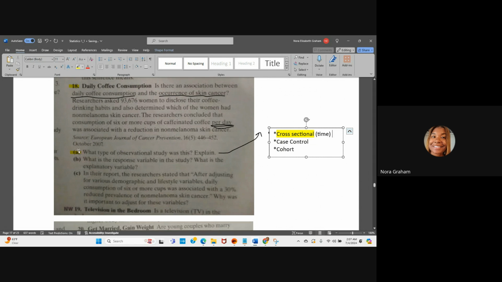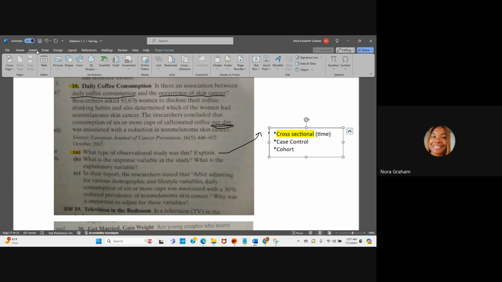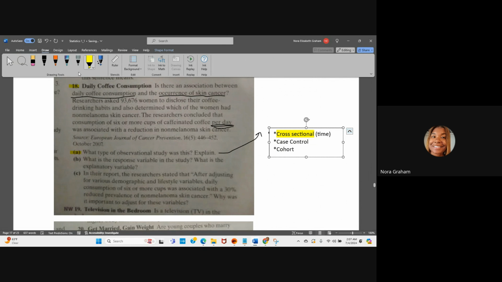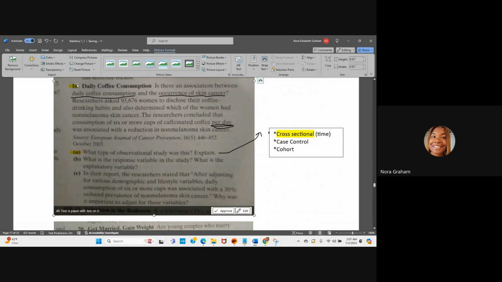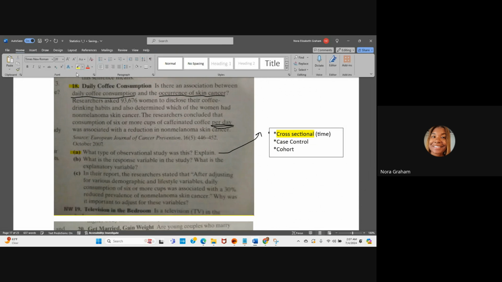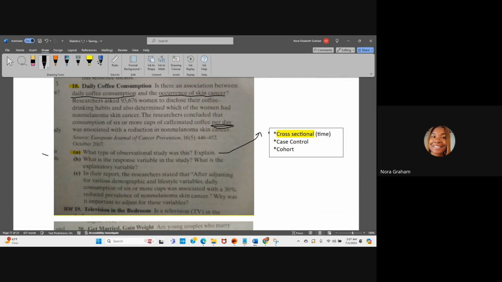All right. So now let's look at B. So what is the response variable in the study? So remember, we have response variables and explanatory variables. Response variables are basically how your study things respond.